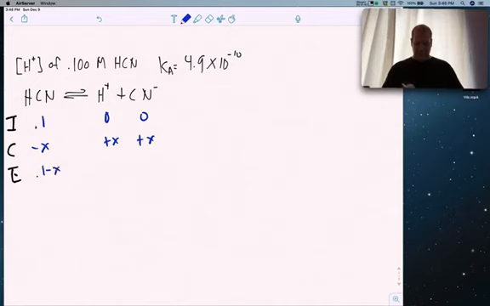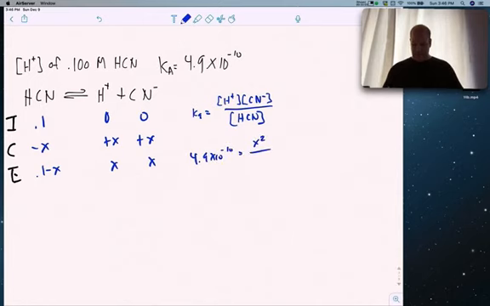Equilibrium 0.1 minus x, x, x. So the Ka is going to be H plus CN minus all over HCN. And 4.9 times 10 to the minus 10 is equal to x squared over 0.1 minus x.